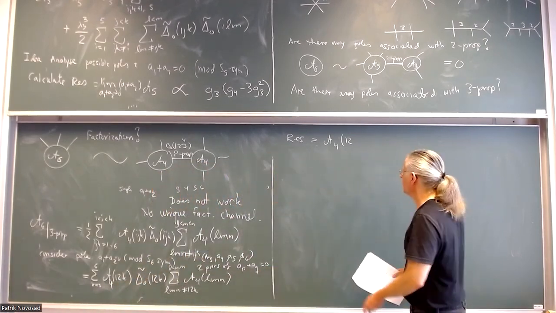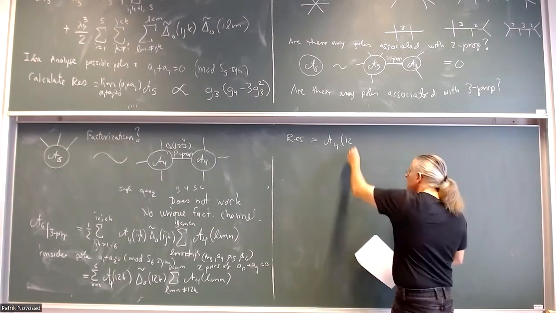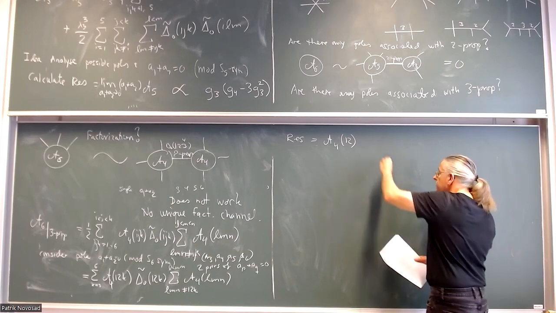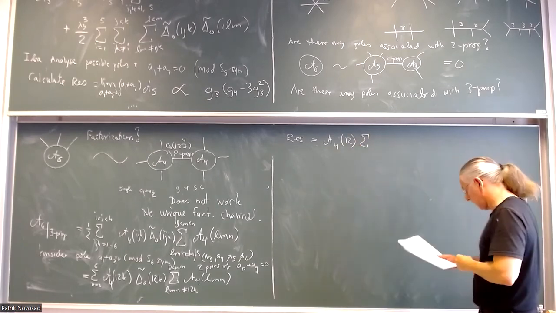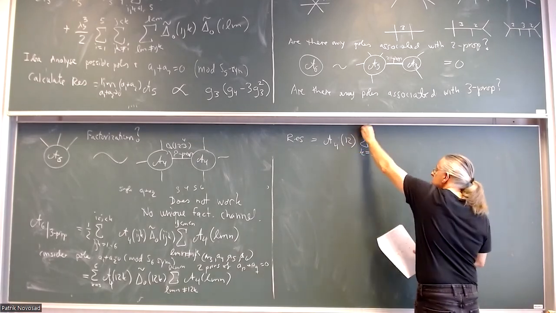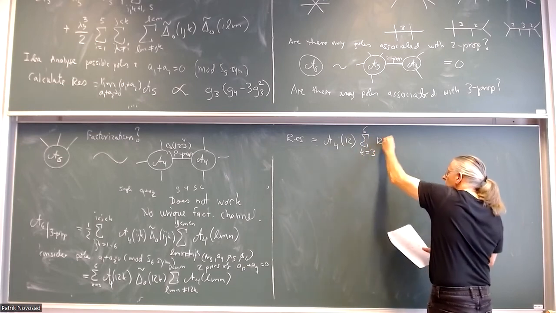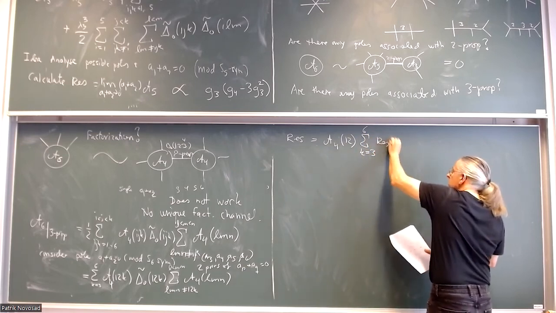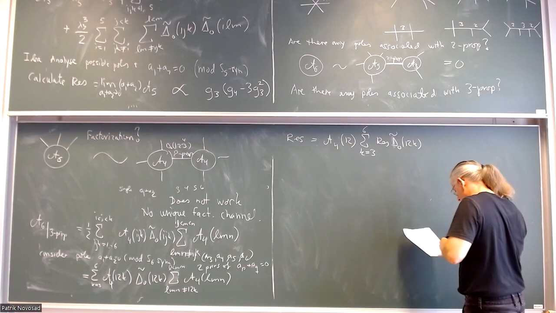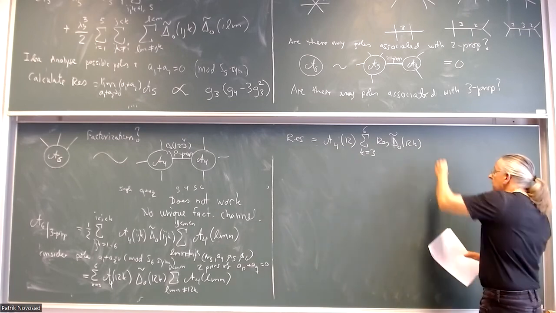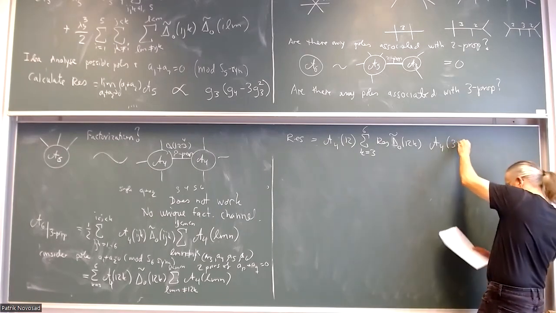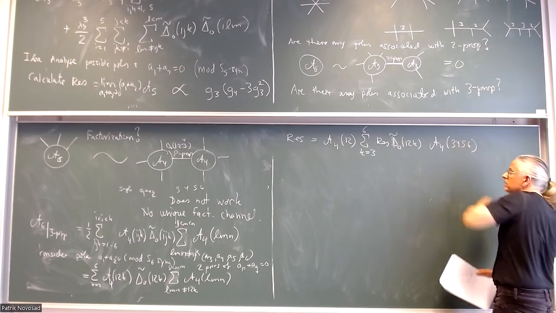So we have A4 1 2, sum of k equal to 3 to 6, residue of delta 0, 1 2 k tilde, A4, and here we can put all of the others, 3, 4, 5, 6.